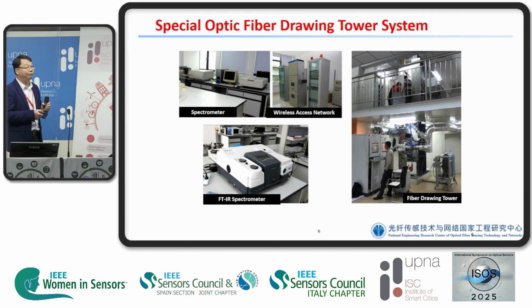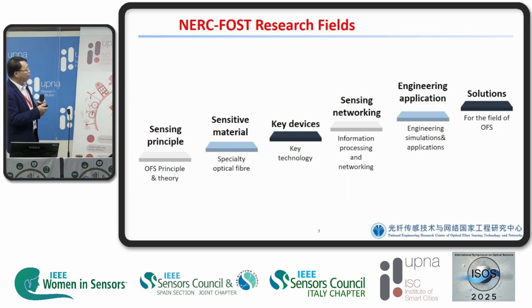That means we can make thousands, even more than thousands, of grating arrays during the fiber drawing process. So in general, from the sensing principle and sensing materials, to key devices, sensing networks, and engineering applications, we can do all of this in our national institution.